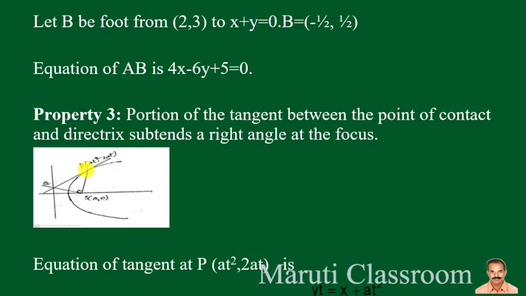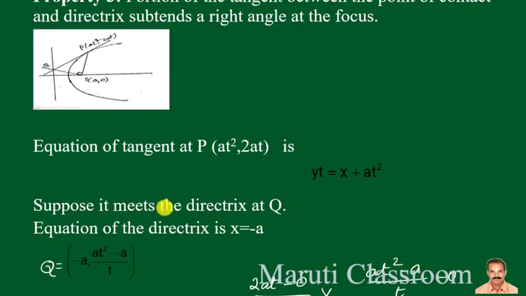Draw the tangent at P. Suppose it meets the directrix at Q. Now we are going to show that PQ, the portion of the tangent between the point of contact and the directrix, subtends a right angle at the focus, meaning we have to prove that PQ subtends a right angle at S, that is, we have to prove angle PSQ is 90. Angle PSQ is 90 if the product of the slopes of PS and SQ is minus 1.